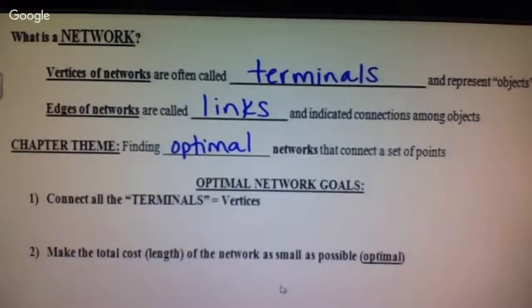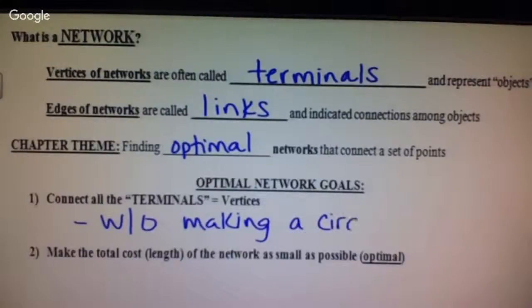Okay, so somehow we have to connect all of the terminals, or your vertices, without making a circuit. So we don't necessarily need a path, a path can still be a network.